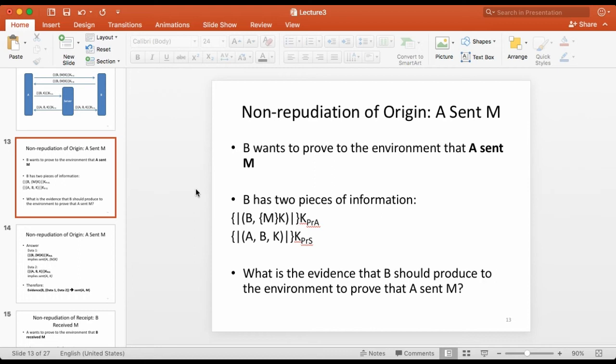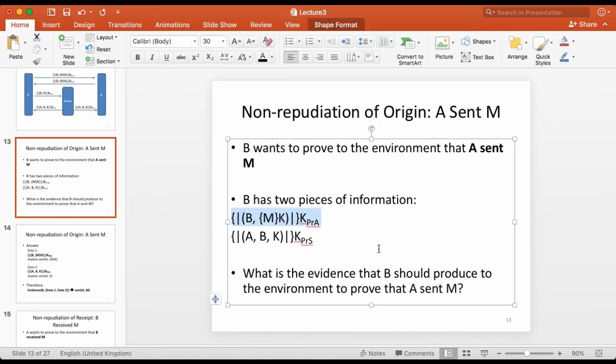Okay, so B has a couple of pieces of information here from its participation in the protocol. So first of all, note that B received a message signed by A. However, remember that at that stage, B did not have the key K. So B can't really read M in this case, because M is encrypted with K. However, later on, towards the end, remember that B was able to retrieve the key K using this specific signed message from the server.